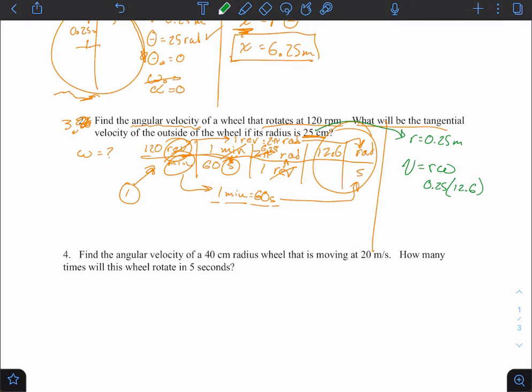So basically 12.6 divided by 4 will give you your velocity, which will be about 4-ish. 3.15. Oh yeah, I divided by 3. 3.15 meters per second. I will work through that. I don't want to be sloppy.